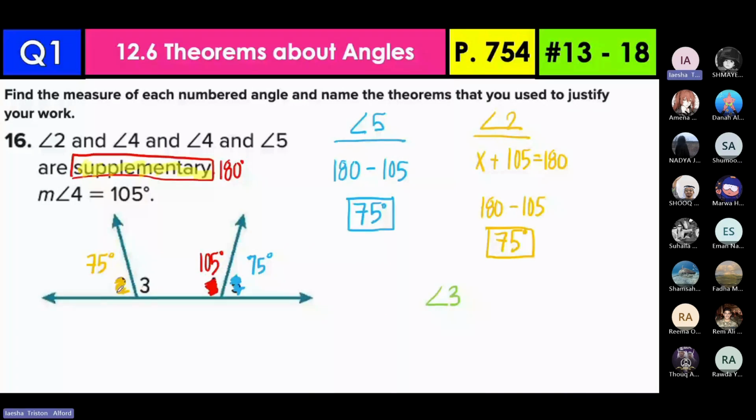So see from your picture, 2 and 3 make what? 180. Yeah, 2 and 3 also make 180. So 180 subtract 75 is going to give you 105 degrees. So you can delete the 3 so you do not get confused, and the measure is going to be 105 degrees.